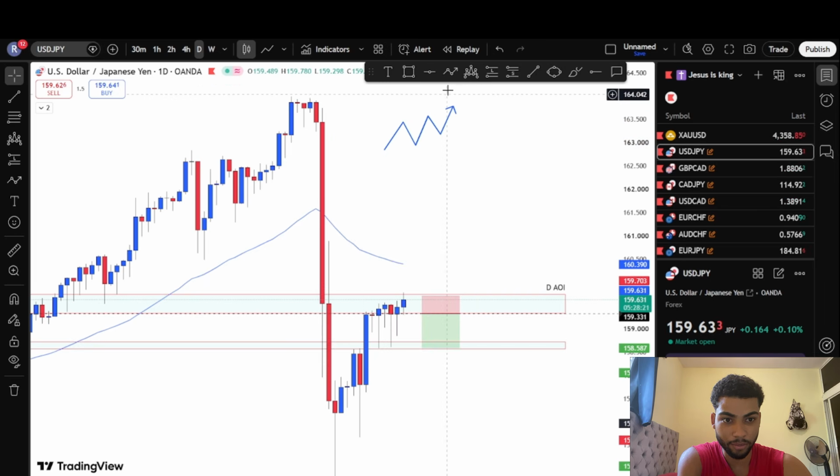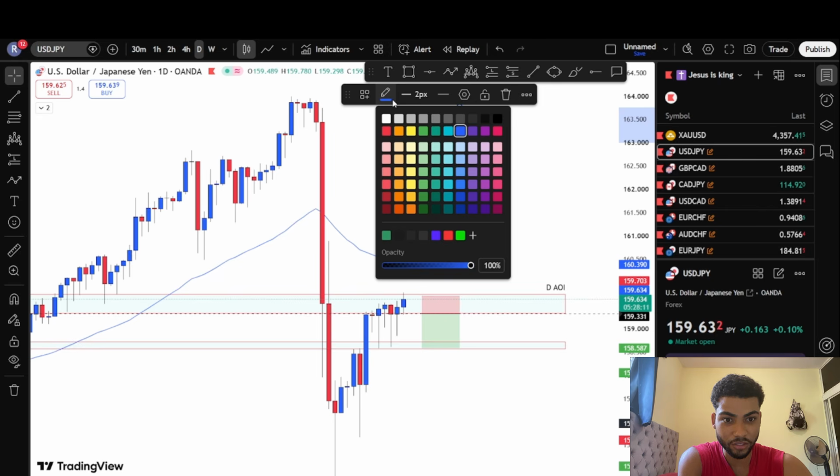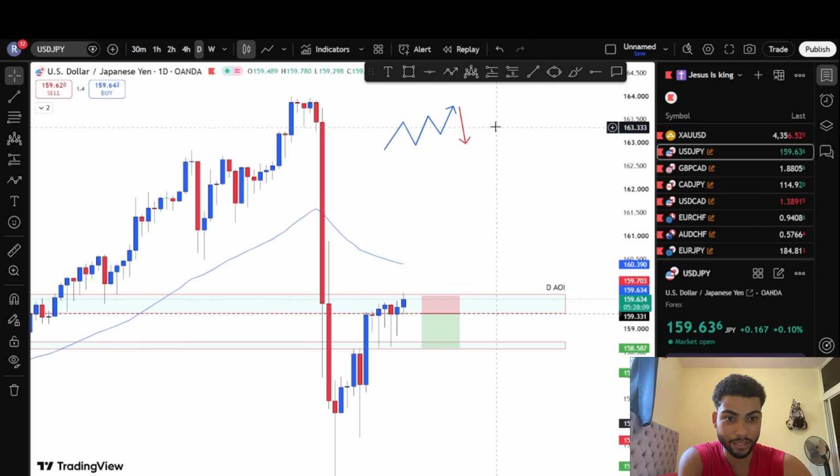But the moment that price breaks below the higher low, which is this structure right here, we have a shift of structure, meaning that price is shifting from bullish to bearish.